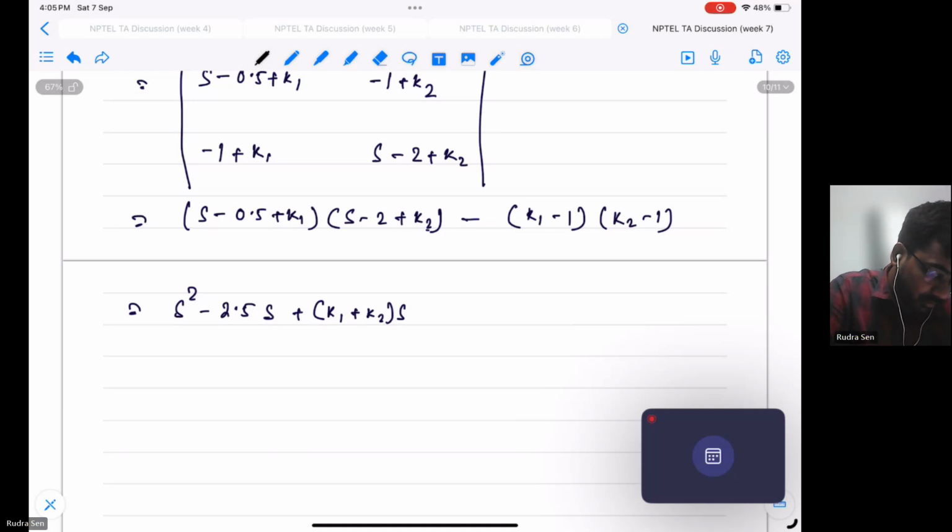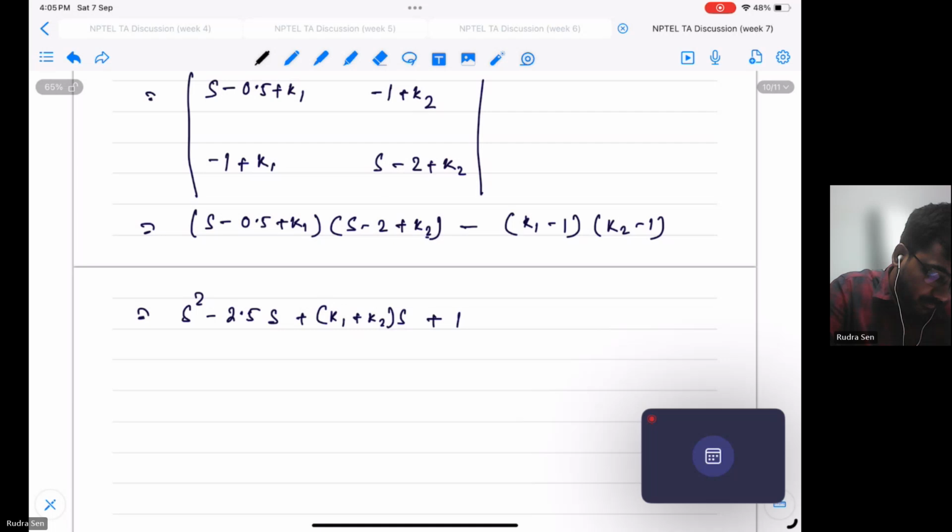S square minus 2s plus k2 minus 0.5s plus 1 minus 0.5 k2, k1 is minus 2k1 plus k1 k2 minus k1 k2 plus k1 plus k2 minus 1.